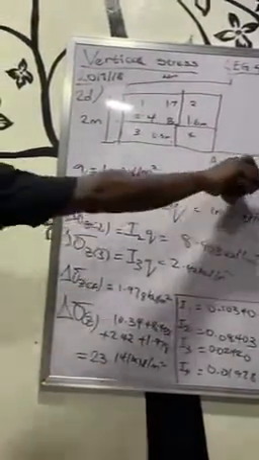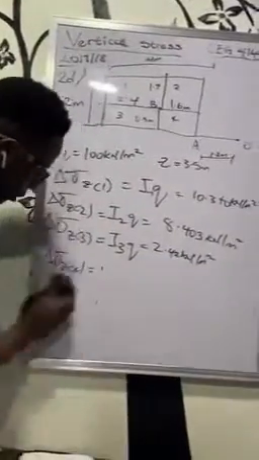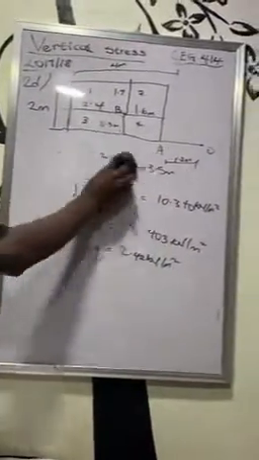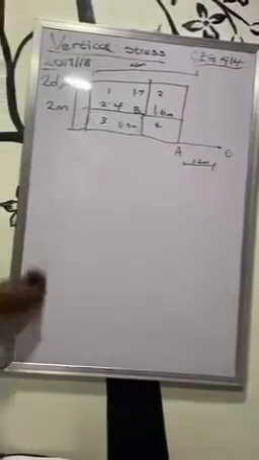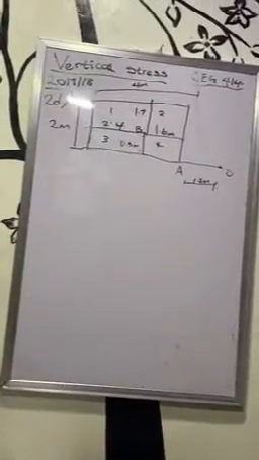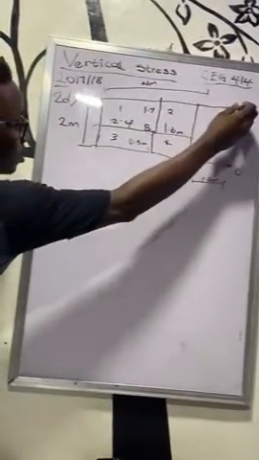Second part says we should get it at O. So let's do that. In the earlier question, I explained how you get the change in vertical stress outside the rectangle. But in case it didn't make sense, then let's solve the question on it.